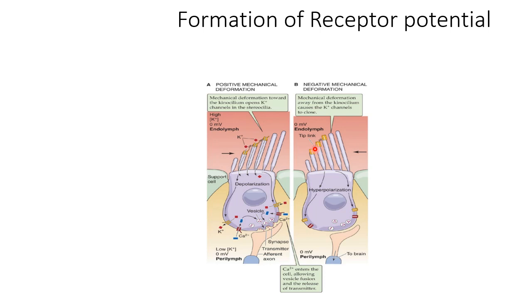So because the stretch has gone, the mechanosensitive potassium channels are closed and there is no influx of potassium into the cell, and the cell becomes hyperpolarized. So the transmission of nerve signal stops. So ultimately we have seen how the receptor potential is formed at the level of the synapse.